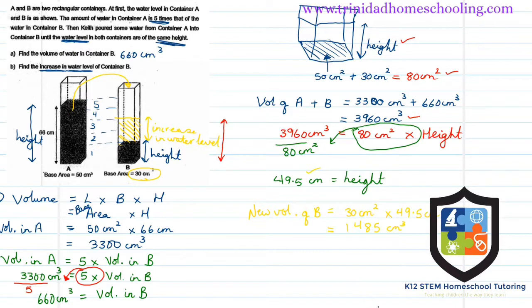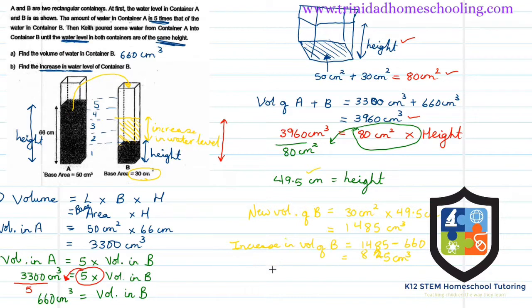Now let's find the difference in volume. The difference between the new volume and the old volume, or the increase in volume of water in B, is this new volume minus the original volume, and this should give us 825 centimeters cubed.